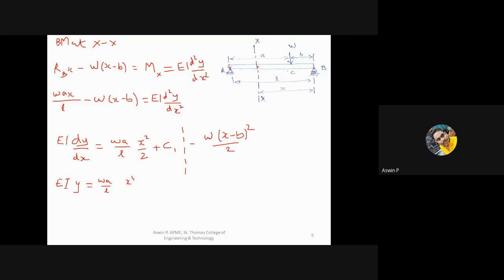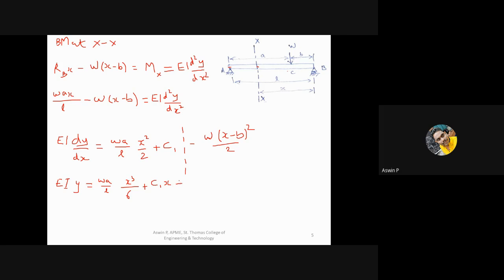Already there is a 2, and when integrating you will get 3. So including both, you will get WA into x cube divided by 6L. This is the final equation for deflection. And when you integrate C1, you will get C1 into x.